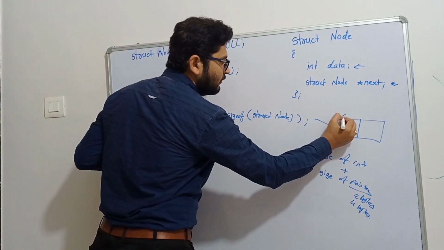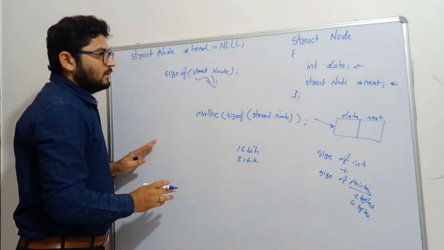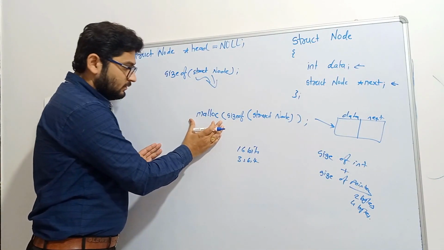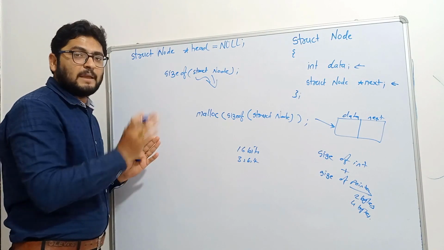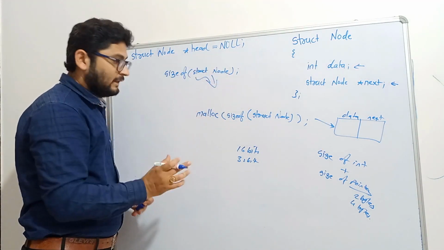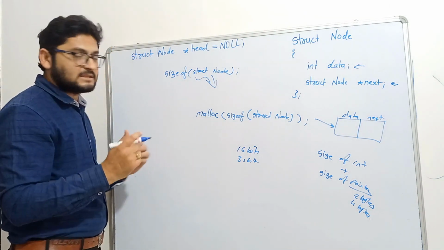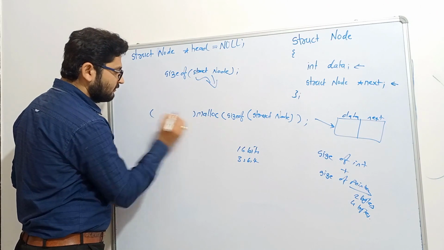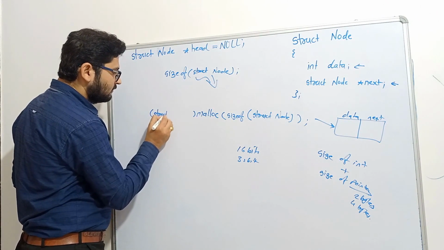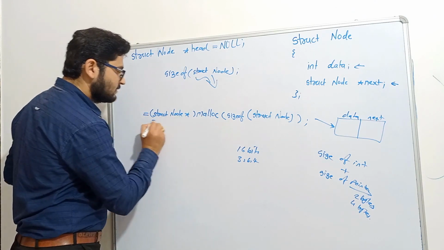Obviously this block is going to have data and next. Now, the pointer returned by malloc will be of type void, meaning currently there is no type assigned to that particular pointer by malloc. So we need to do it explicitly using typecasting. For that purpose, we have to write struct node *. Why have we done this?